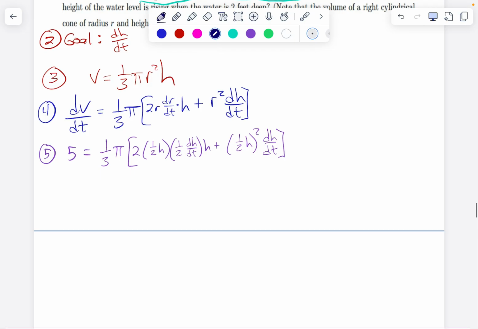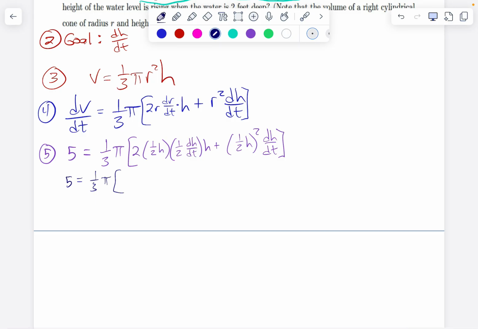Okay, let's clean up stuff and then we'll start trying to isolate dh/dt. And what I mean is like this whole chunk right here has h's in it and some numbers that we can mess with. Same over here on the right. So this is where you can get lost in the details and make mistakes, so be careful.